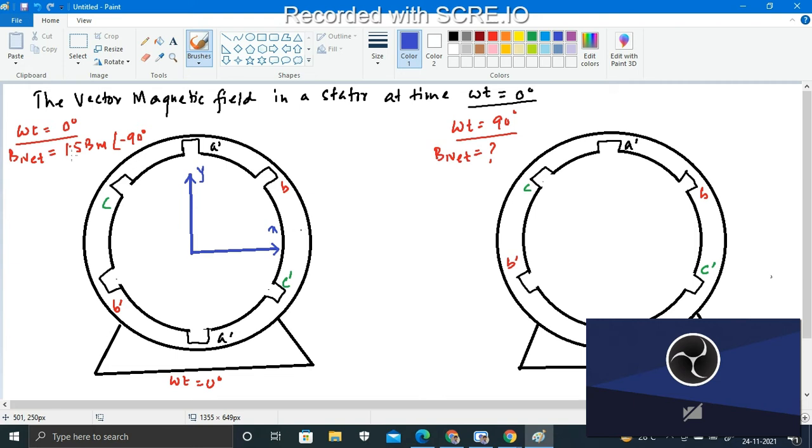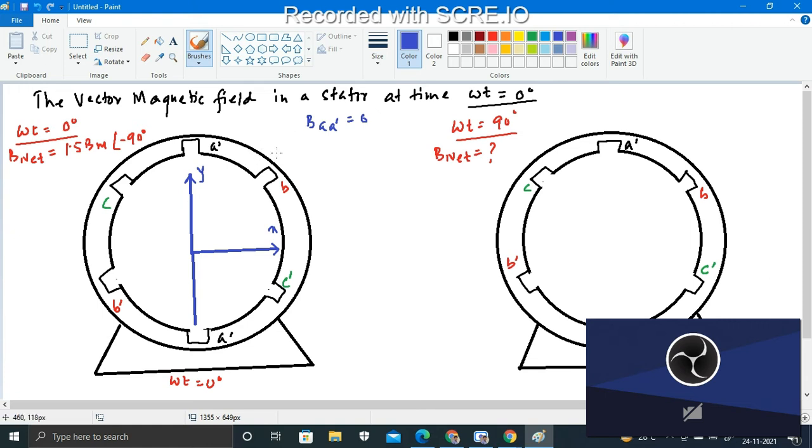Okay, so the resulting vector, b net, will flow in this direction. We already know that b of a dash is equal to 0, so we are not considering this.